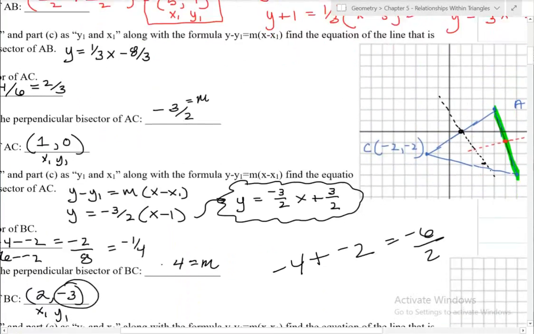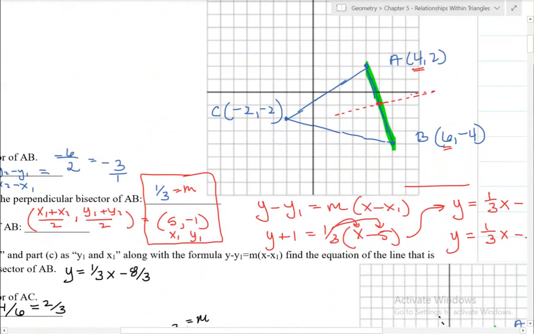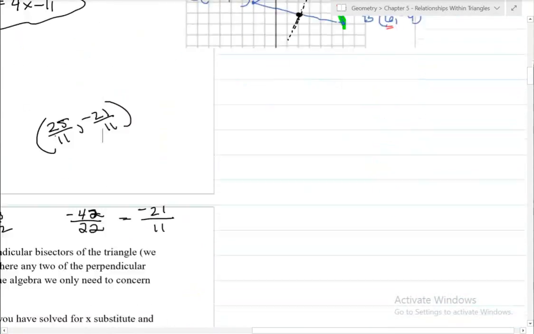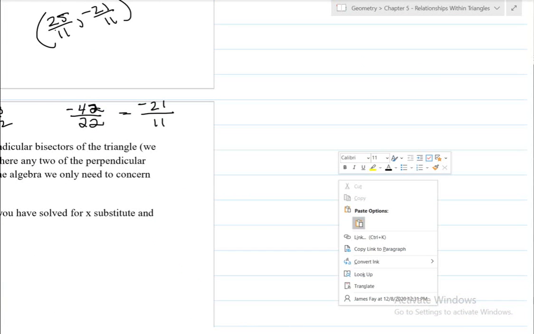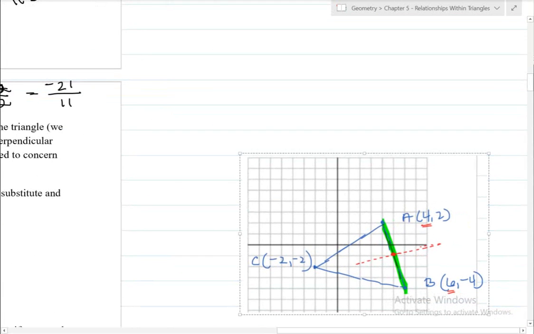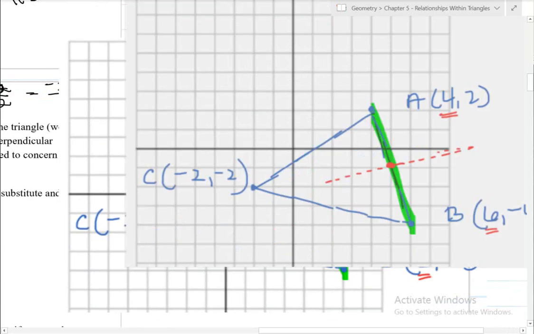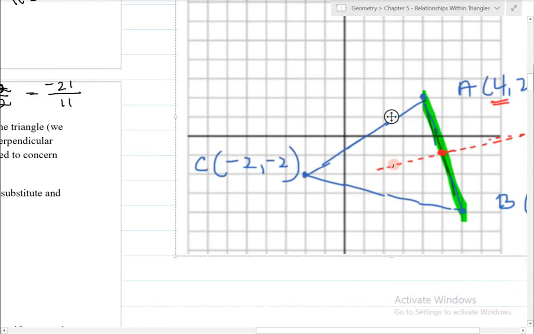So G, let me just come up here and grab one of these pictures. So G, we said, was located about right there. It was 25/11ths, comma, negative 21/11ths.